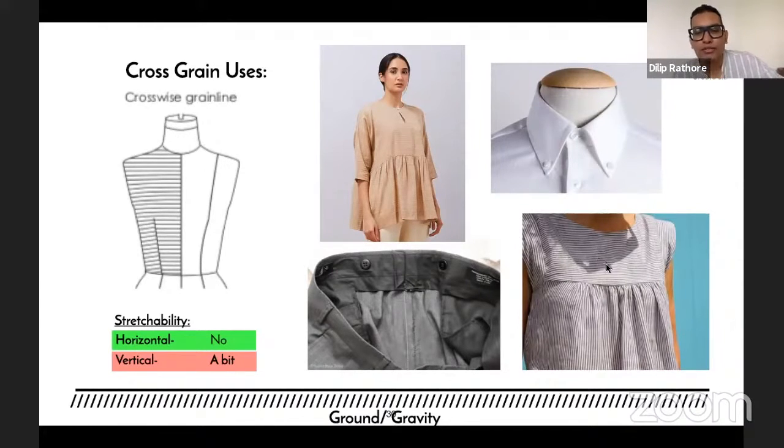Two layers of the yoke give a lot of strength and this yoke helps the lower part of the garment to fall freely. However long the length is, the yoke will be able to handle the weight because the yoke is horizontal here.